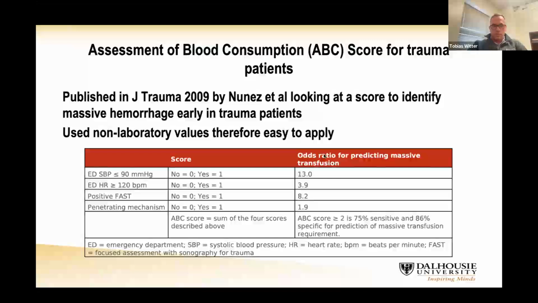Similarly to what we talked about earlier, with the shock index and that systolic blood pressure of less than 105, you can use the ABC score, which is comprised of systolic pressure less than 90, a heart rate above 120, a positive FAST, and penetrating injury. If you have 2 or more of those things positive, then again, you have a 75% rate of requiring massive transfusion.